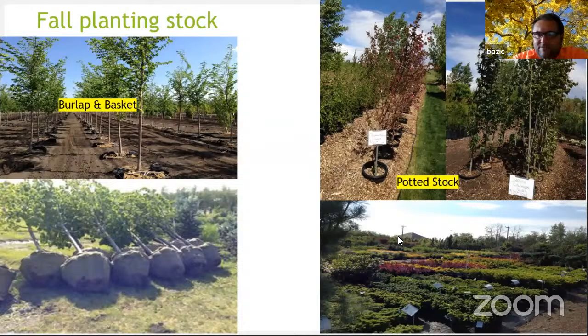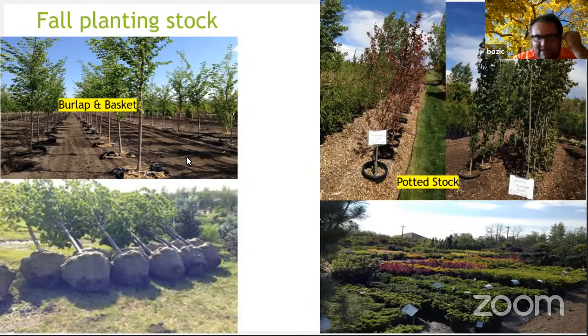And as I said, each has pluses and minuses. Each of them ranges from $100 to $400, depending on the species and size. And again, those are the choices for your fall tree planting. You don't plant the small little seedlings or anything like that. You go with the bigger, larger, what we call caliper stock.